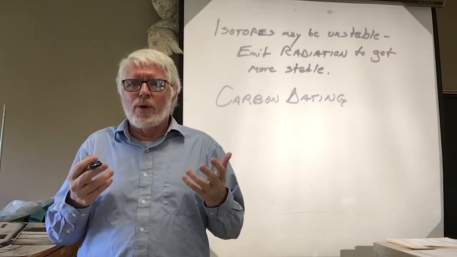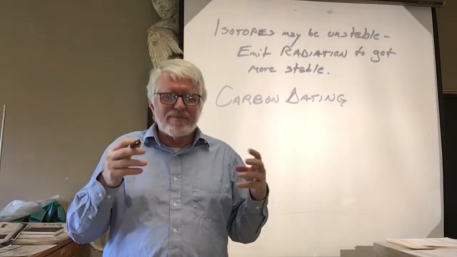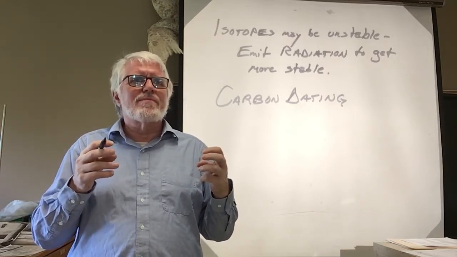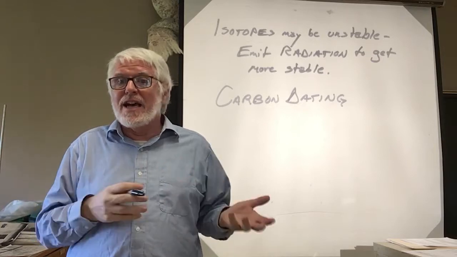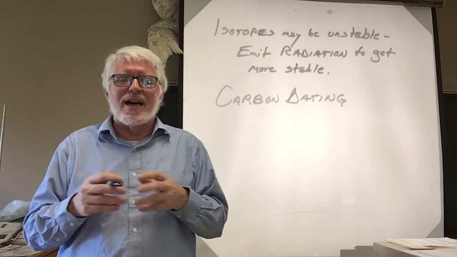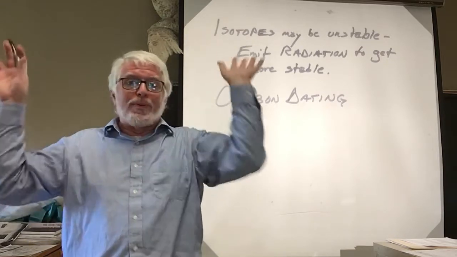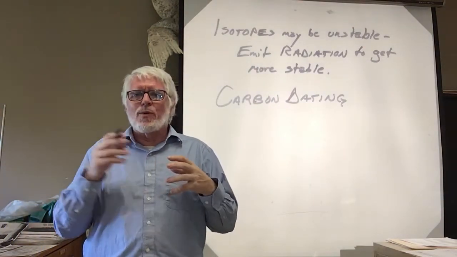Carbon-14 emits beta radiation, and that changes it to nitrogen. One more proton goes up the periodic table. And the nitrogen is a gas, so it dissipates. It does this on a reliable schedule.